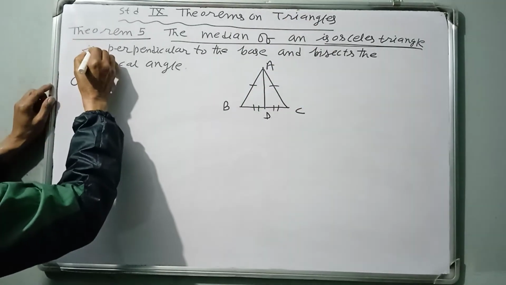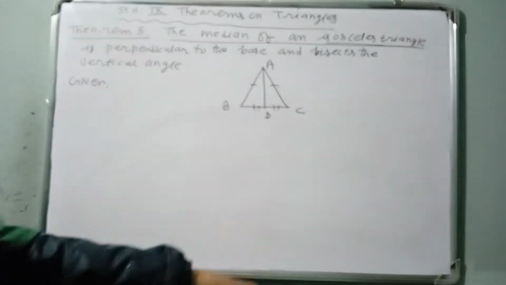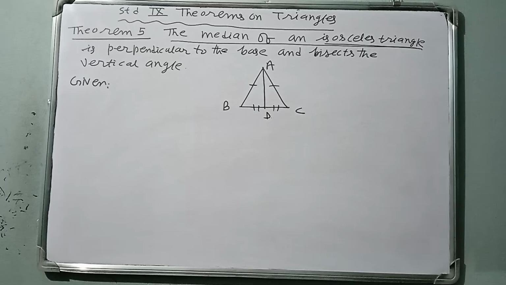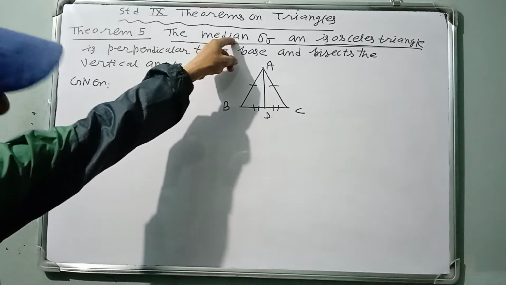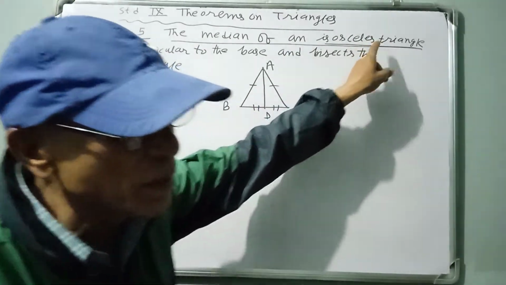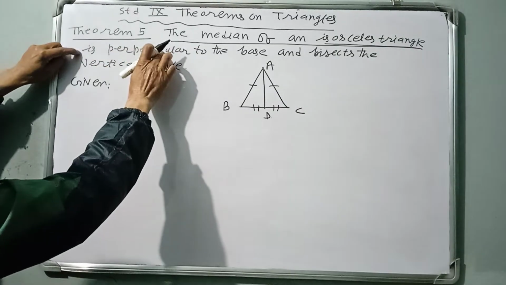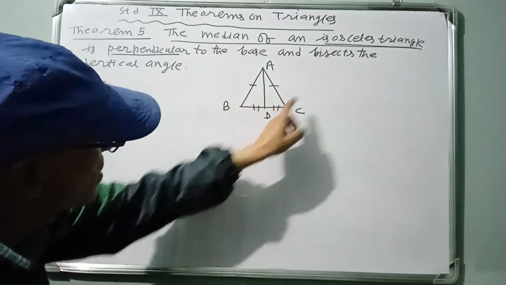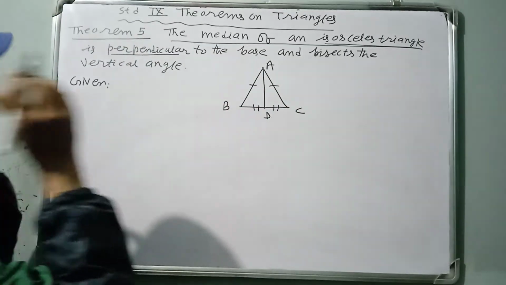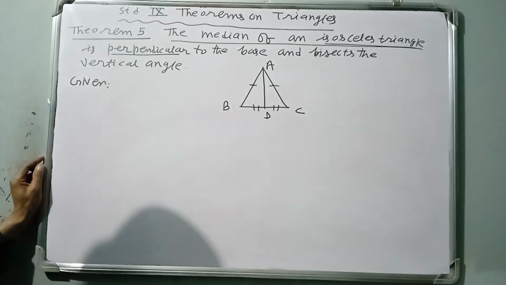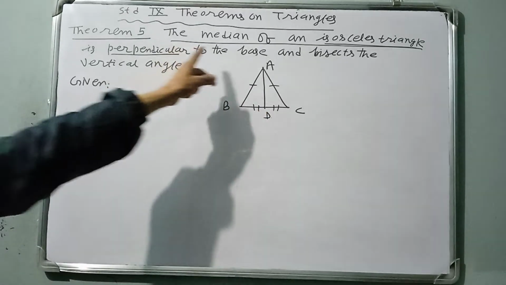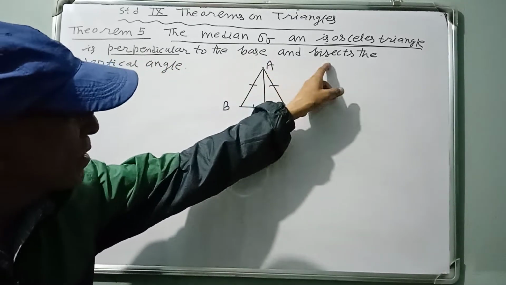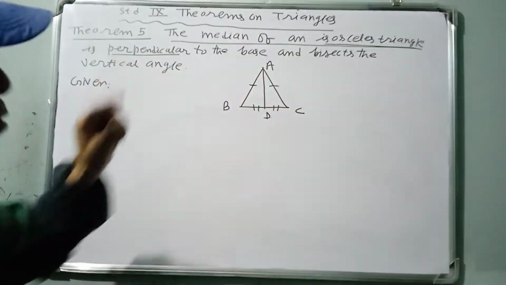The verb is: what comes before the verb is given, and what comes after the verb is to prove. To prove: perpendicular to the base and bisects the vertical angle. The median bisects the vertical angle. That is to prove.